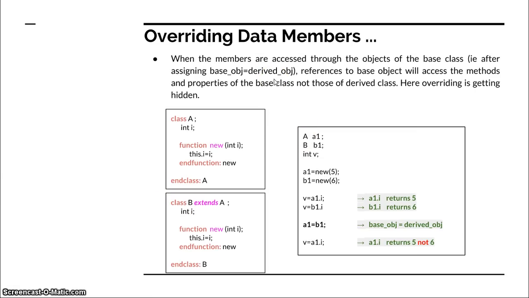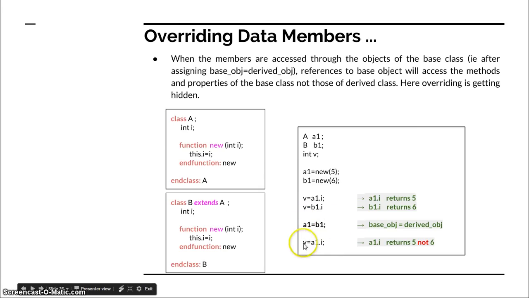Now you will learn how overriding works once you have made an assignment like base object is equal to derived object. Once you make this assignment, all references to the base object will always point to the methods and data members of the base class and not that of the derived class. Consider the same example from the previous slide.